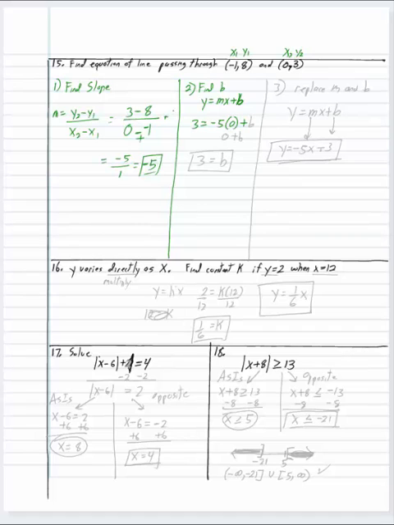Well, negative 5 times 0 is just 0, and 0 plus b gives us b. So b equals 3. And then for 3, we're just going to replace m and b. So with y equals mx plus b, I will replace the slope with negative 5 and the b with positive 3.